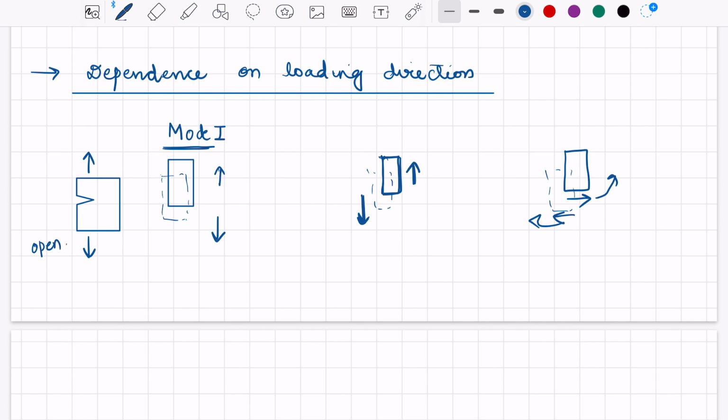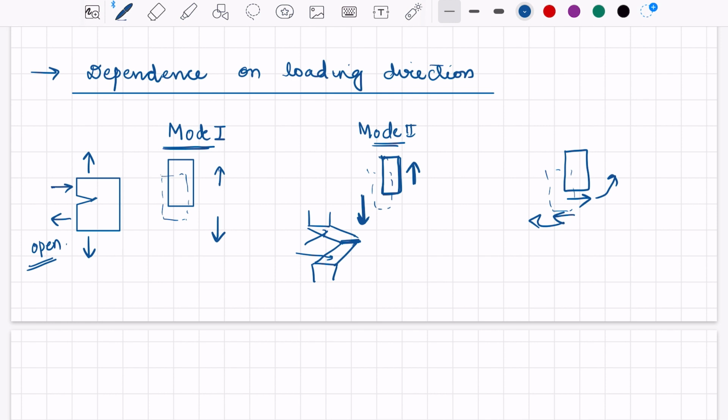So here you are applying tensile load on the crack surface, on the fracture surface, such that the crack opens up. And in the second case, if you assume these are the 2 fracture surfaces and this is the leading edge which connects the 2 fracture surfaces, in that case you are applying a shear stress, in plane shear.